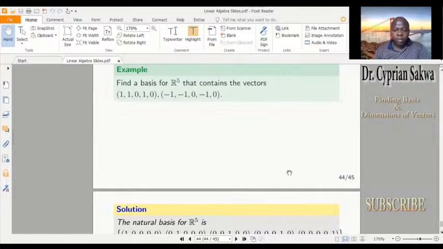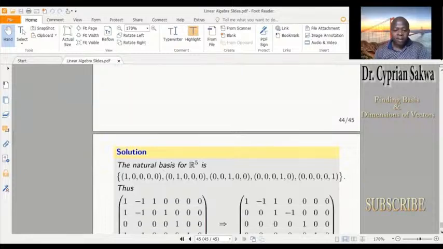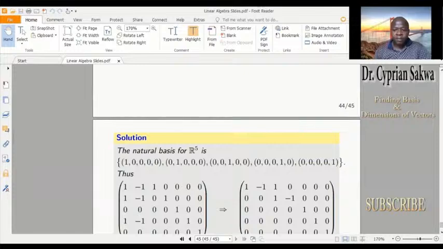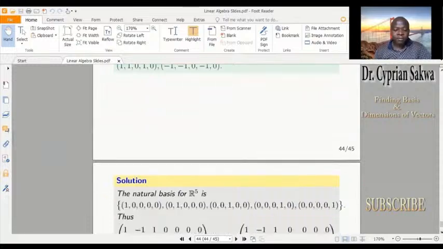So I added these two vectors to these other 5 vectors and formed a column matrix. I began with the vectors that I'm being asked to include. The first vector here was 1, 1, 0, 1, 0, so I put it in the first column.